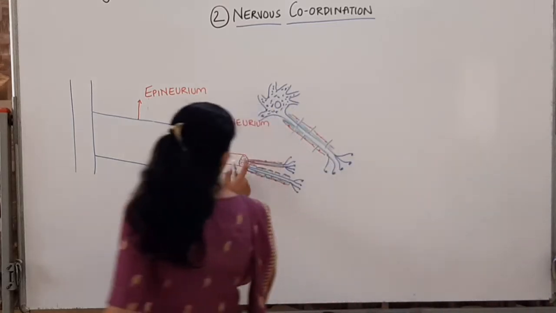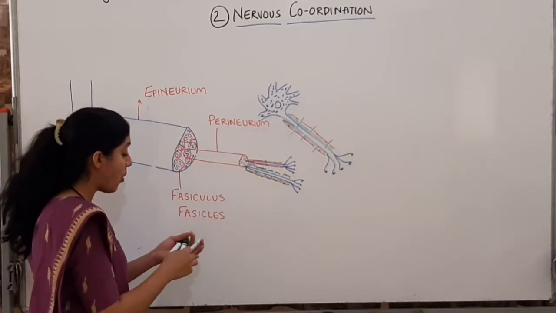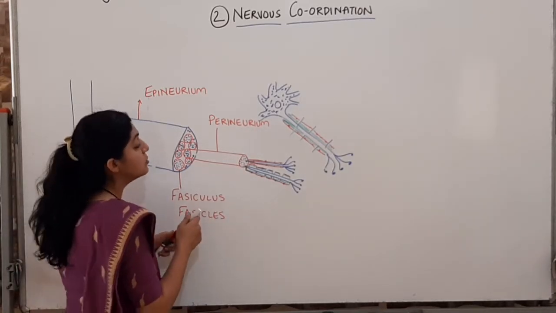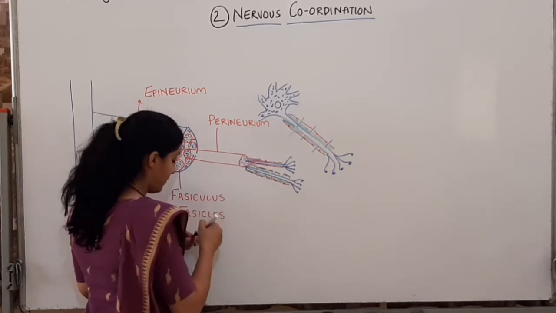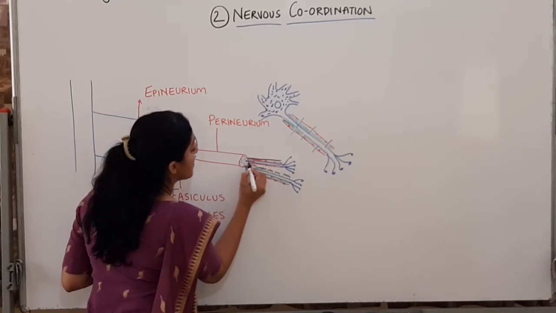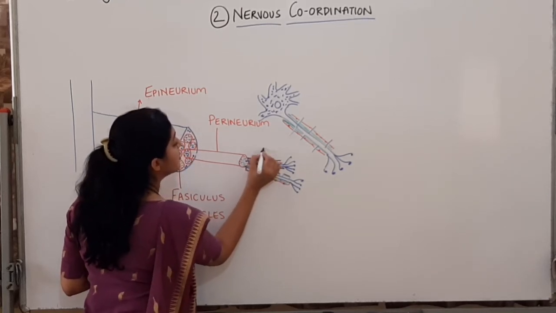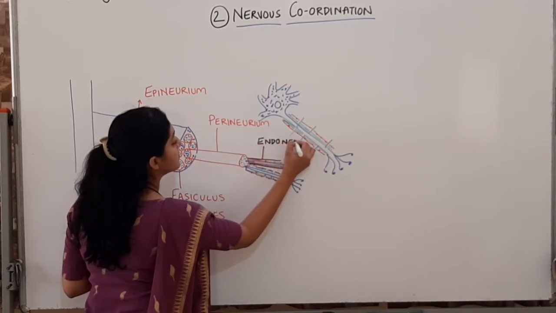This one nerve fiber that is coming out from here will also be covered by what we call endoneurium. So endoneurium is going to be the covering. I'll do it with a different color. This one axon coming out is going to be covered by endoneurium.